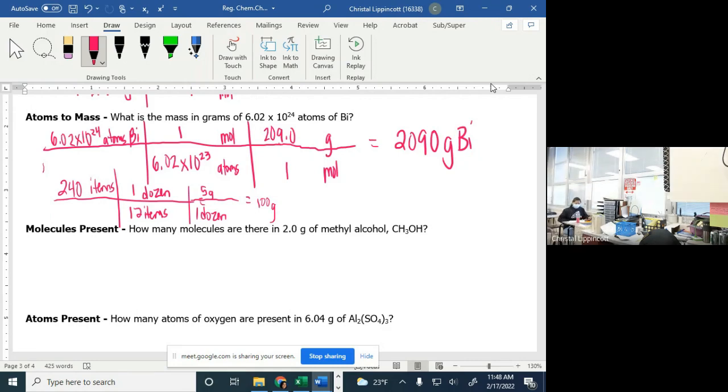If you're using this method over here, you would be starting here. You're going this direction, so it would tell you to divide by Avogadro's number, which is what I did there. And then it told me to multiply by the molar mass off the periodic table.